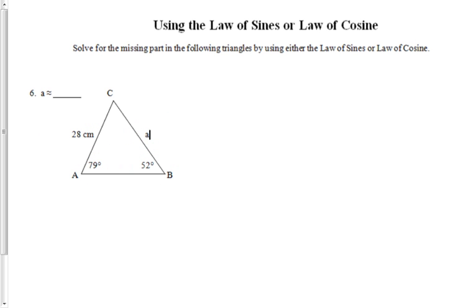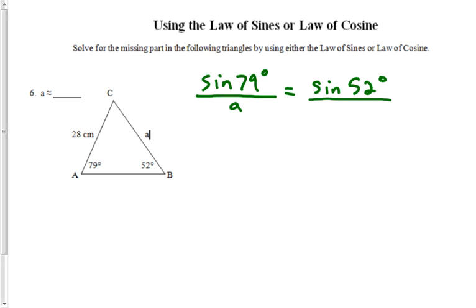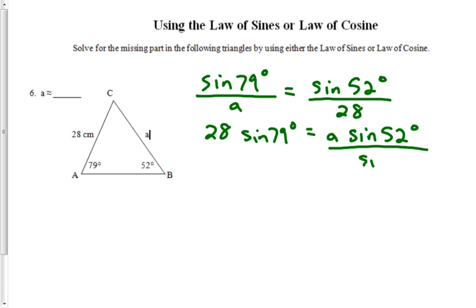So we'll do sine of angle A, 79 degrees, over side A equals the sine of angle B, 52 degrees, over side B, 28. Cross multiply and solve. Here we go. 28 times the sine of 79 degrees equals A times the sine of 52 degrees. Divide both sides by the sine of 52 degrees.